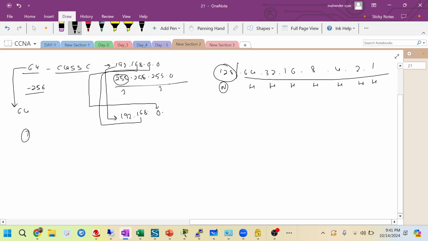So the subnet mask will change now: 128, right? In the fourth octet, some bits are network bits and some bits are host bits.